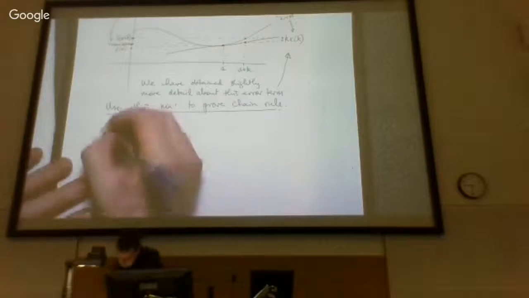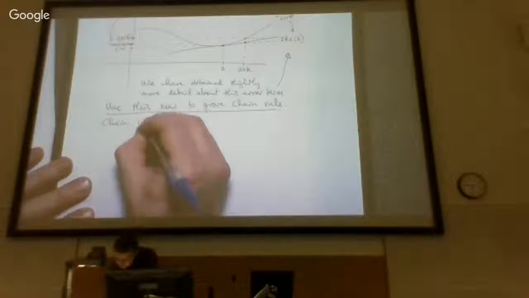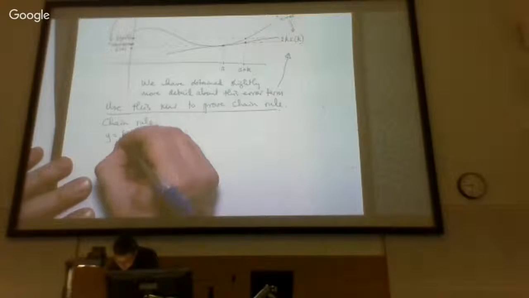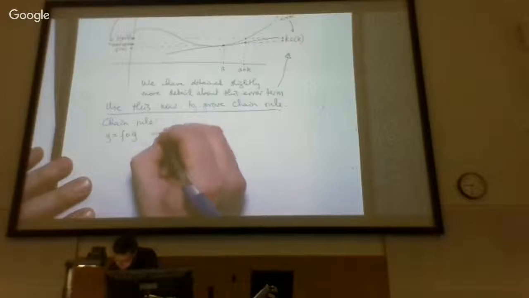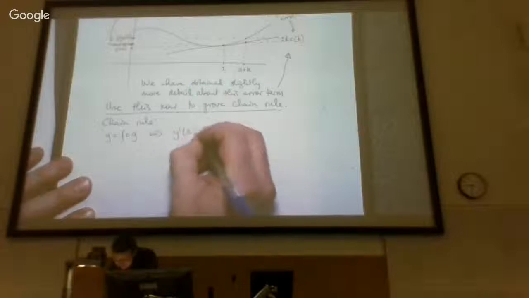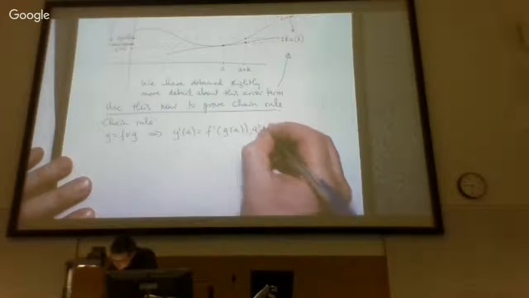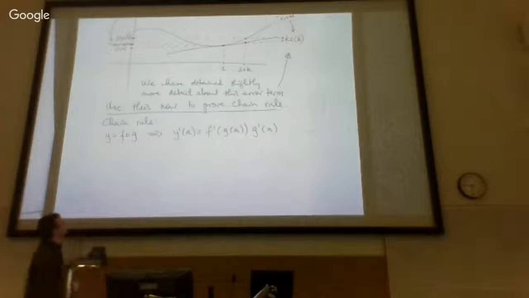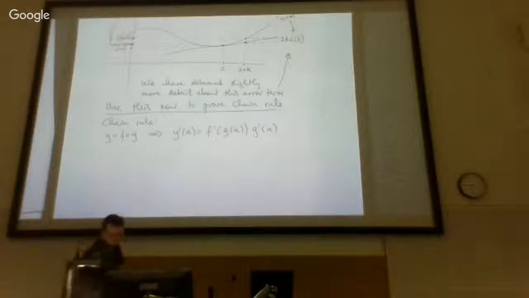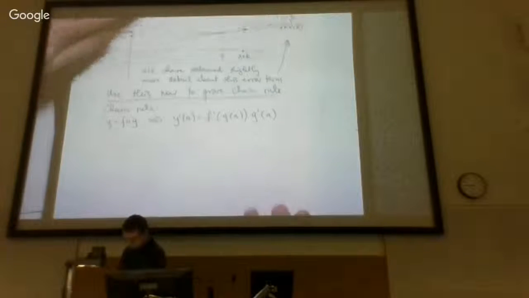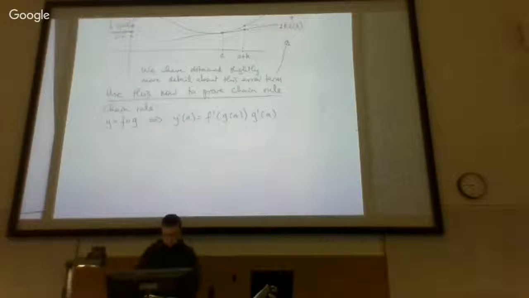So the chain rule says, just recap it, that if a function y is f after g, then the derivative of y at a is going to be f prime of g of a times g prime of a.